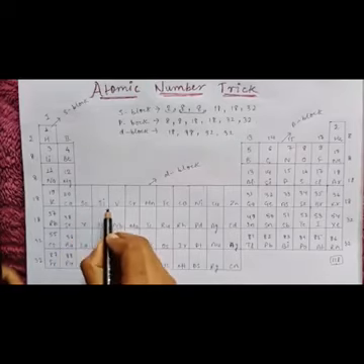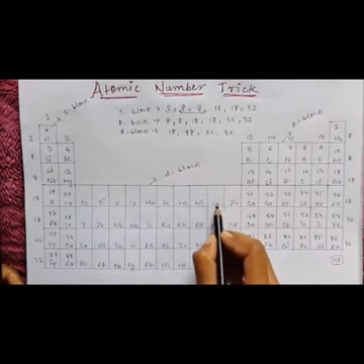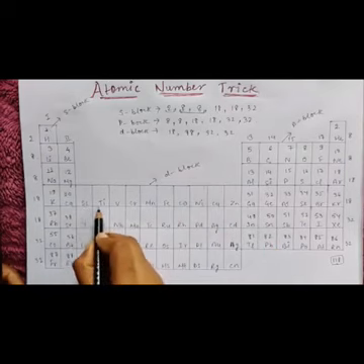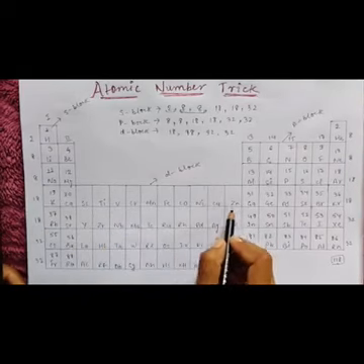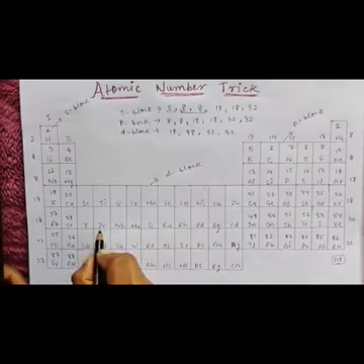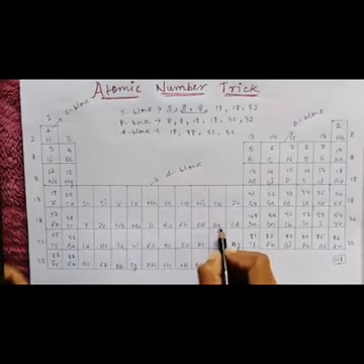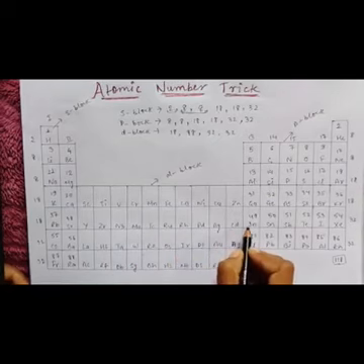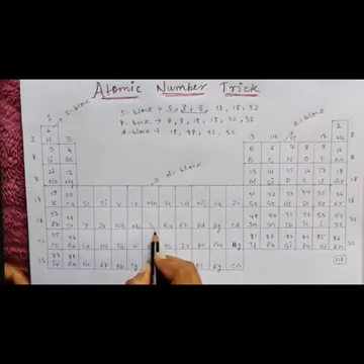Transition elements. So D block elements are nothing but those where the valence electron enters (n minus 1) d, 1 to 10, after NS2 NP6. In the valence level, s is completed, p is also completed, and in the d orbital there are 1 to 10 electrons.